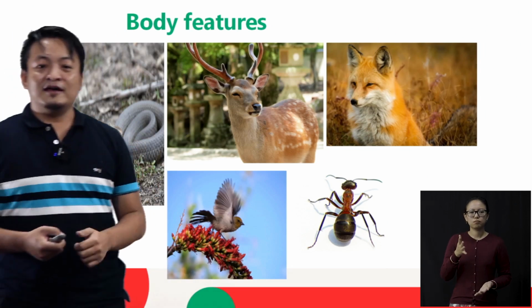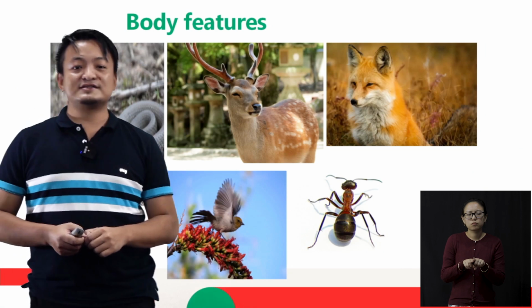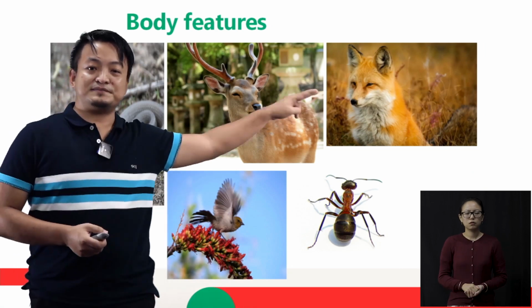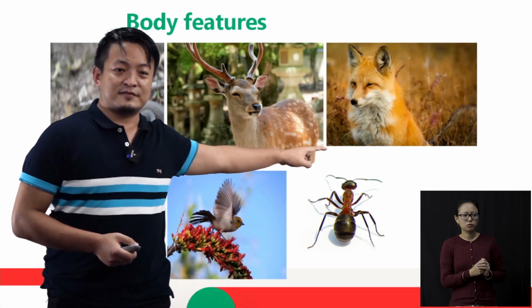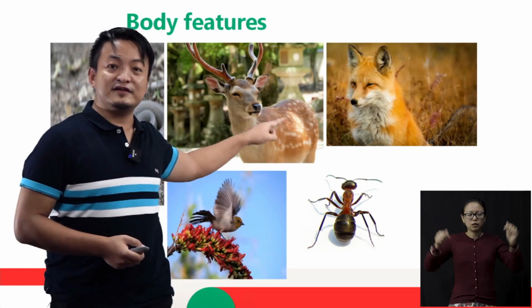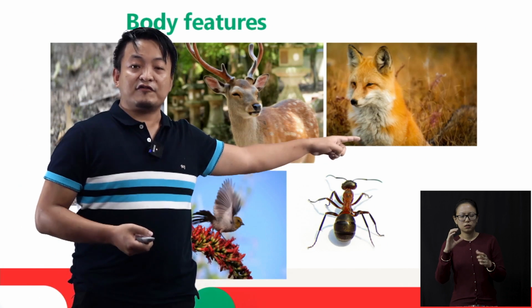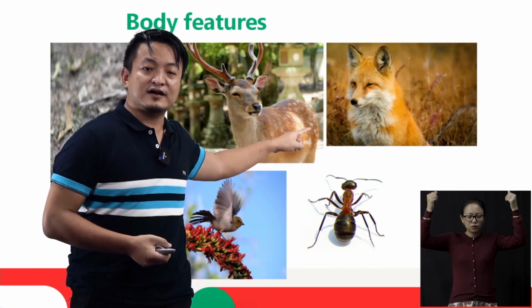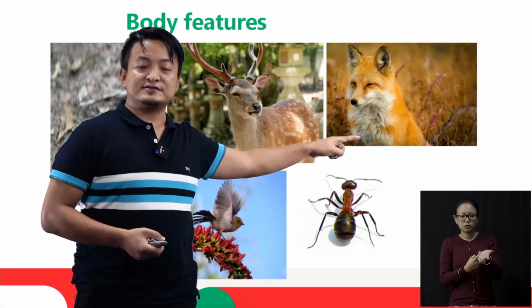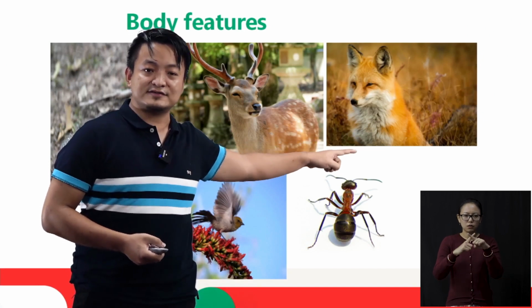Okay? Now, students, we can see 2 animals here. They may not be best friends. So, students, here we can see a deer. We can see here a fox. Okay? Deer, D-E-E-R, and a fox, F-O-X.